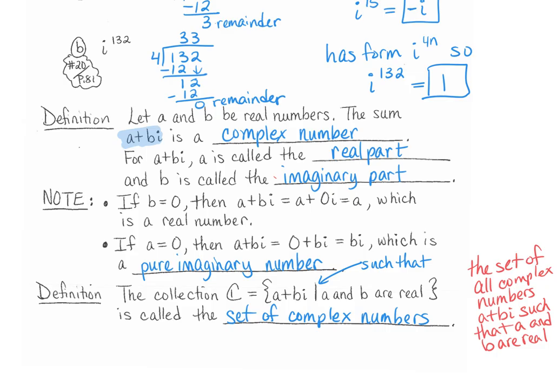That's how we interpret this, or how we translate that. So again, we can add, subtract, multiply, and divide complex numbers.